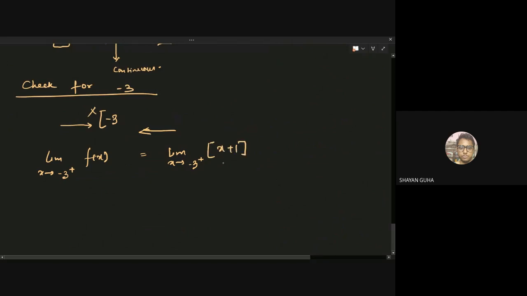Now tell me, if I am taking any value which is slightly greater than minus 3, obviously, if minus 3 is here, any number which is slightly greater than minus 3 will be here only. So let's take minus 2.98. Obviously it's greater than minus 3. So if I add it with 1, what's the value I am getting?